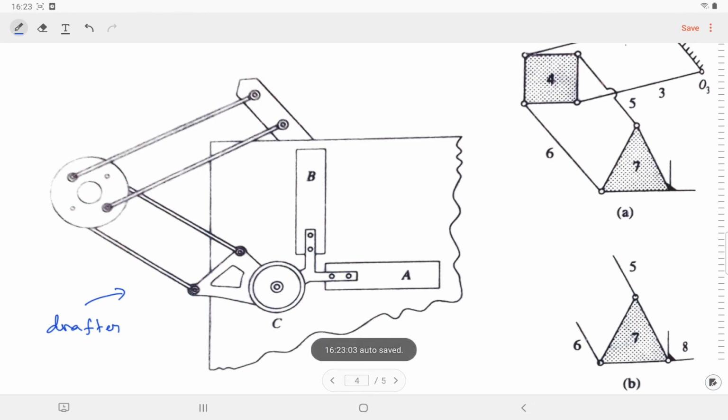The purpose is to draw parallel lines, and also by using this we could draw perpendicular lines. For example, you have drawn a parallel line over here and you want to draw a line parallel to it, so you just move this one.